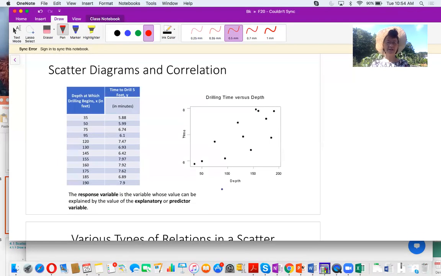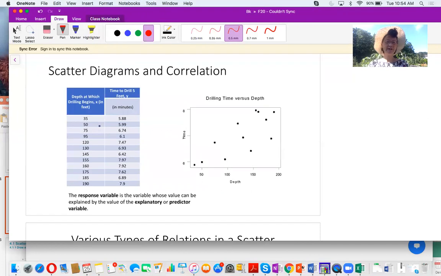So let's look at an example. This example is about drilling, okay? You are drilling a stone. So one variable is depth at which drilling begins. The unit is in feet, that is x.